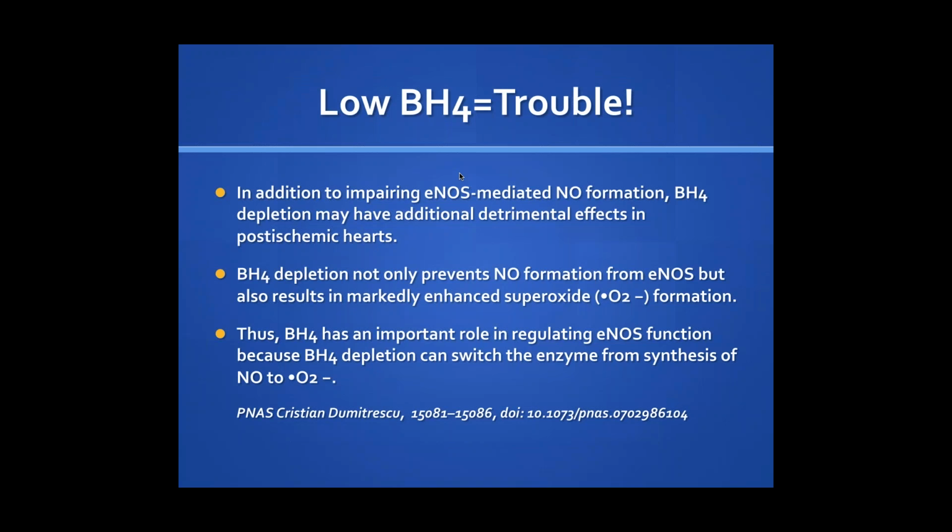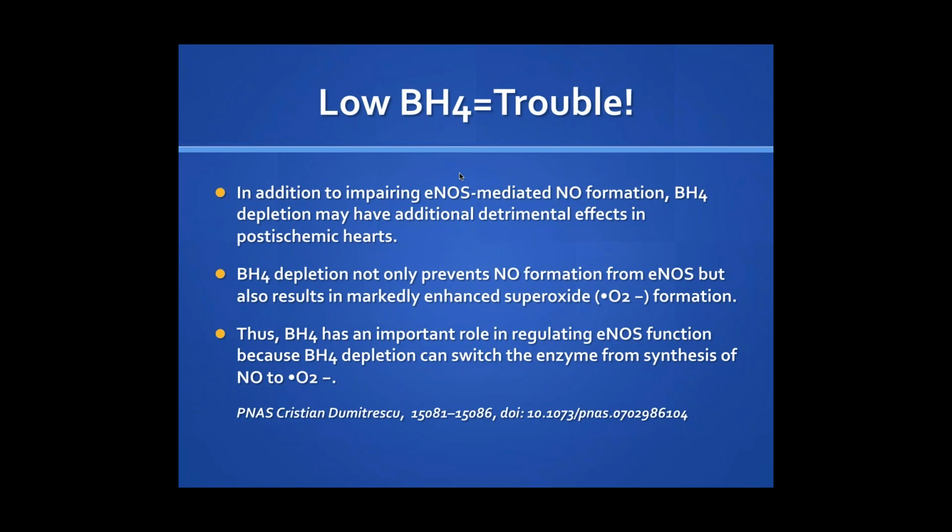In addition to impairing the endothelial nitric oxide mediated NO formation, BH4 depletion may have additional detrimental effects in post-ischemic hearts. So after a heart attack, if you don't have enough BH4, then it's going to cause increased damage. So BH4 depletion not only prevents nitric oxide formation from endothelial nitric oxide synthase, but also results in markedly enhanced superoxide formation.